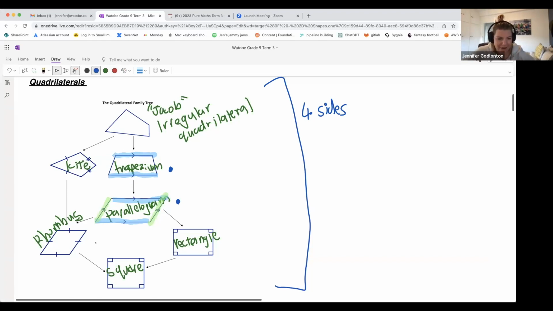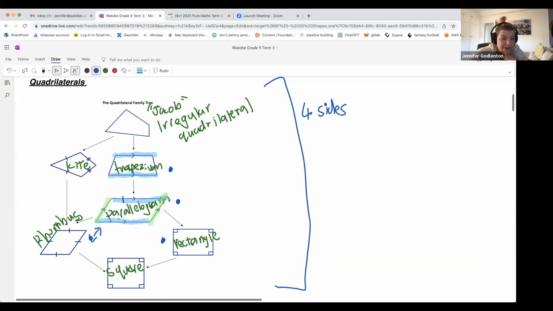All right, let's keep on moving down this little family tree. Now from our parallelogram, we're dealing with a rhombus and a rectangle. Let's talk about this connection here first. What does a rhombus and a parallelogram have in common with each other? Opposite sides are equal. Beautiful.